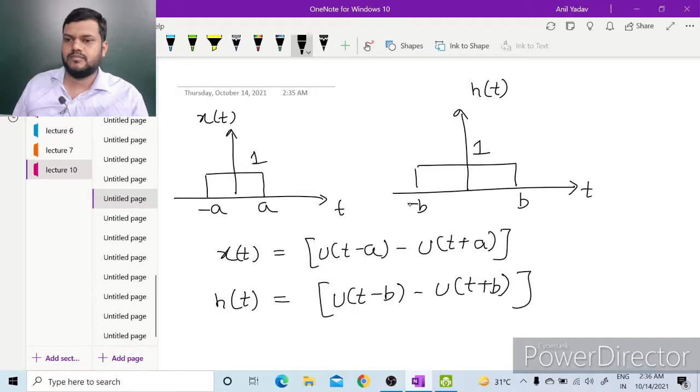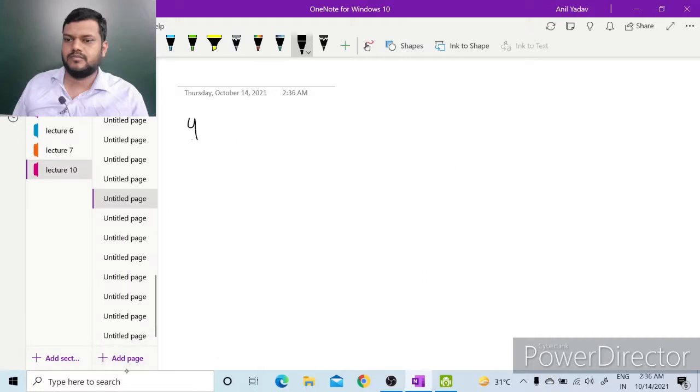So again yt will be xt convolved with ht. As we know from the results that u(t) convolved with u(t) is r(t), and by the time invariance property u(t-a) convolved with u(t-b) will be r(t-a-b), and there will be 4 terms.